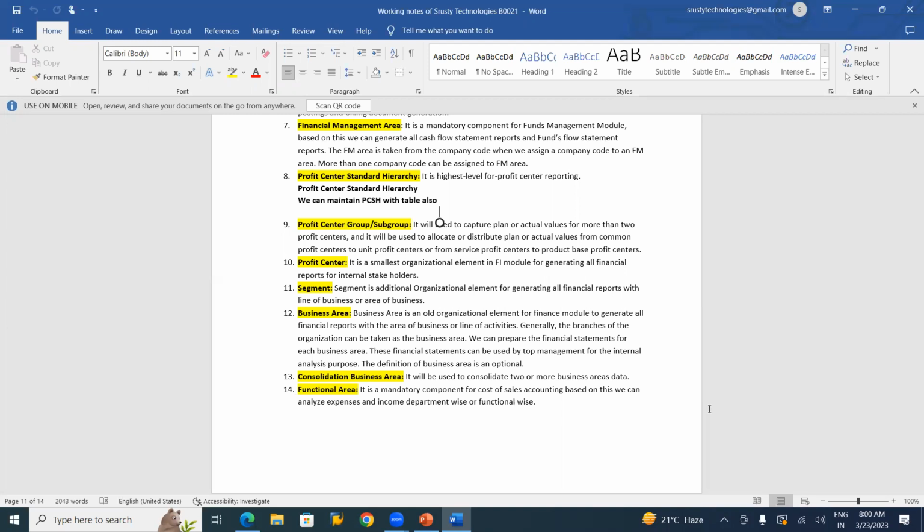So it's not for external reporting, it's only for internal reporting purposes. Full stop. And it will be the last node in the profit center standard hierarchy.